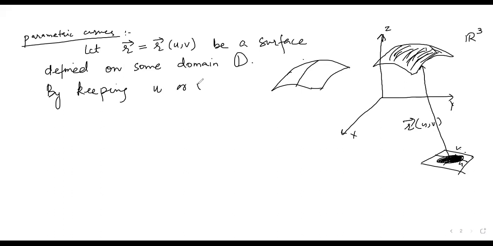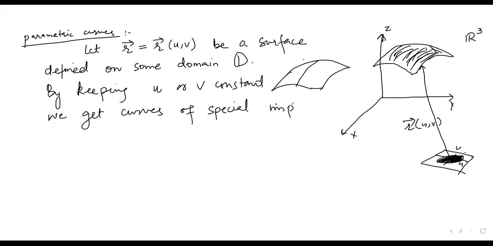If we keep one of U and V constant and vary the other, we get curves of special importance on the surface, called the parametric curves.